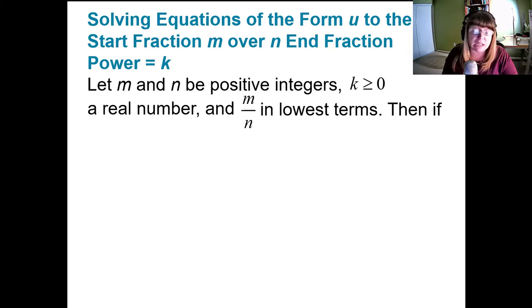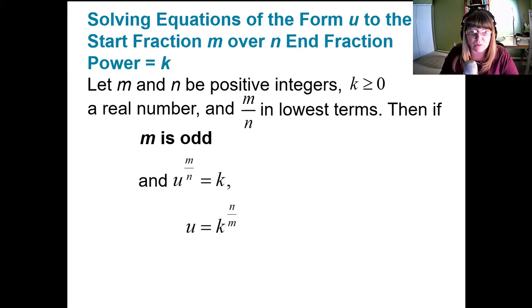So m over n is in lowest terms. If m is odd, when we raise u to this power m over n, it equals k, and therefore u will equal k to the reciprocal power of n over m.